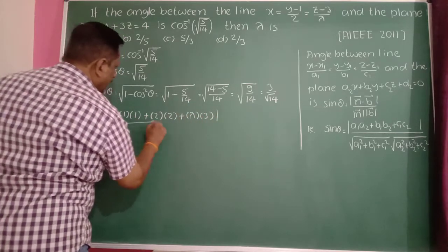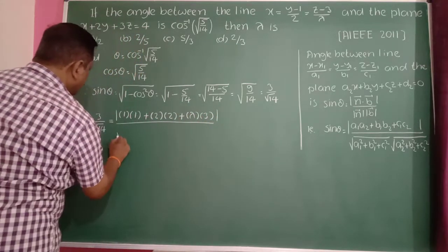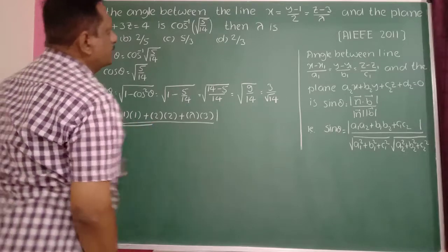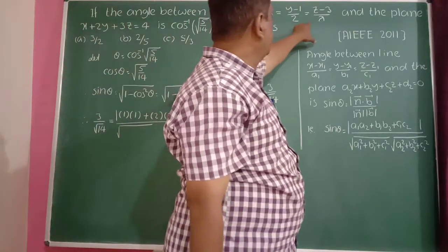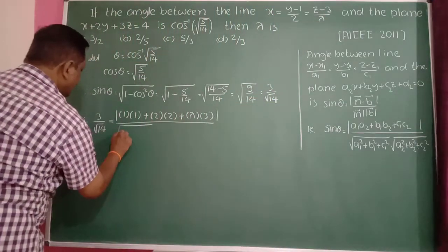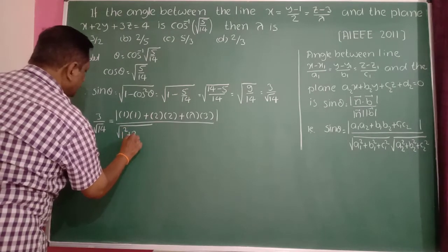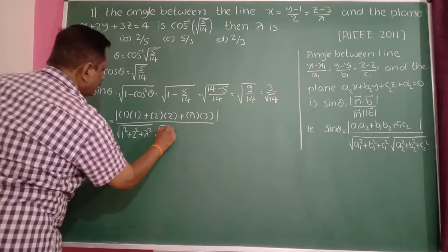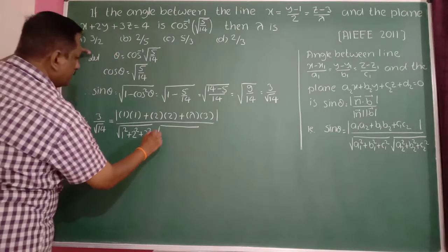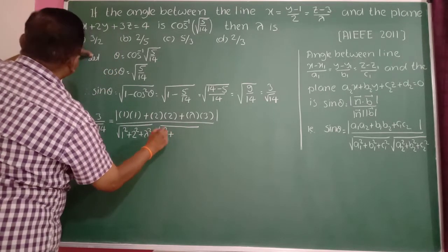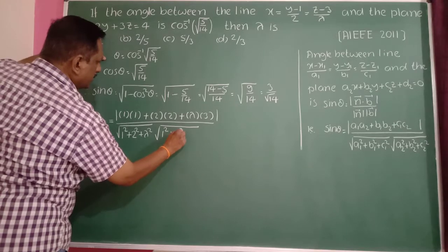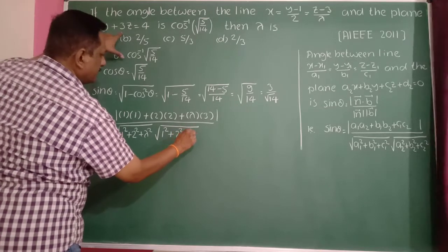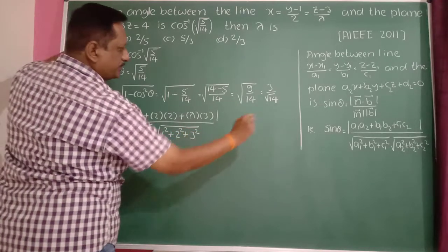Divided by the modulus, which means root of 1 square plus 2 square plus lambda square, into root of 1 square plus 2 square plus 3 square. I am using this formula.